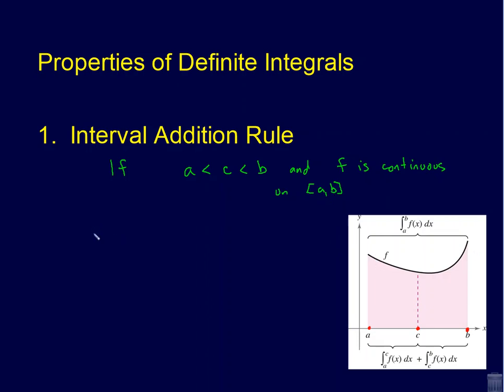Okay, so now the idea is if I were to take the definite integral value from a to c, which would just be this guy right here, I'll write it red for a minute.